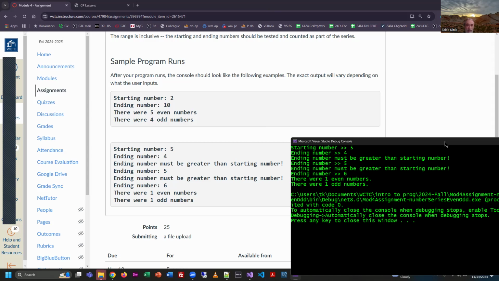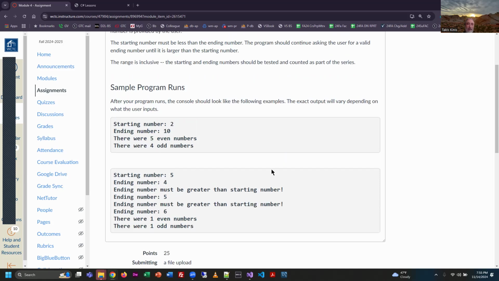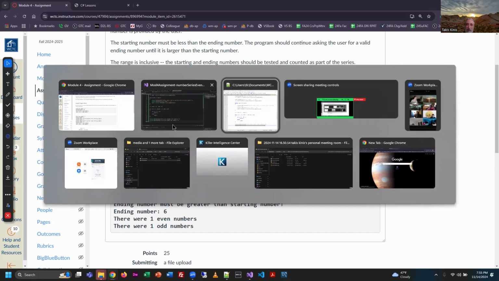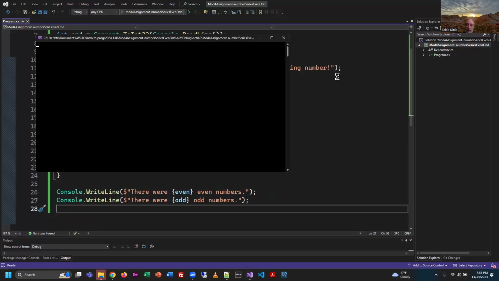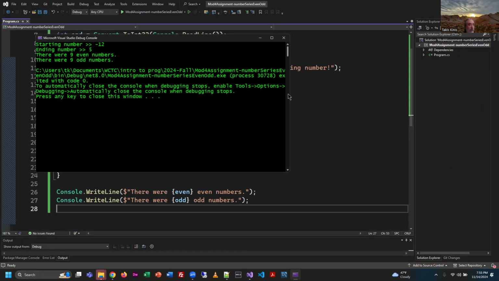But now let's test our negative number theory and see if that's valid. Okay. So back to Visual Studio here. Let's run again. So let's do, how about minus 12 and 5, a negative number and a positive. Yeah, no problem.